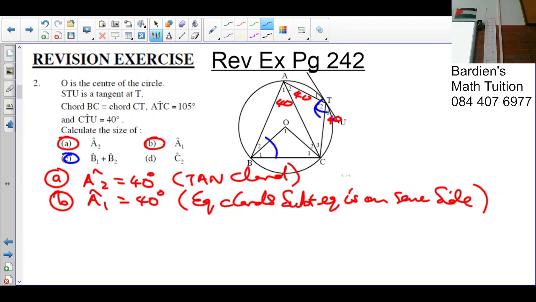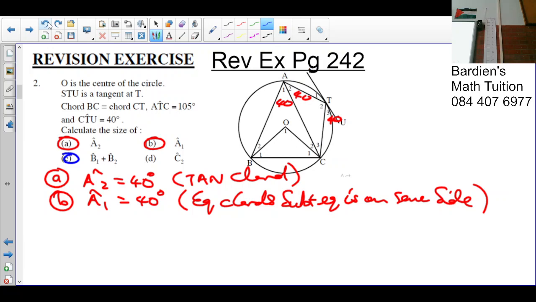We have that, but I don't have T2. Okay, so back to the drawing board. B1 and B2. I can definitely work out B1.